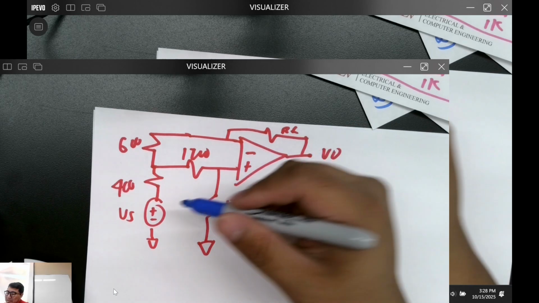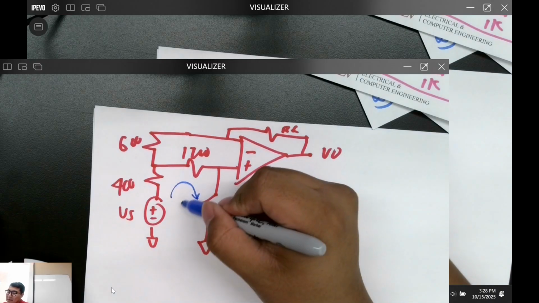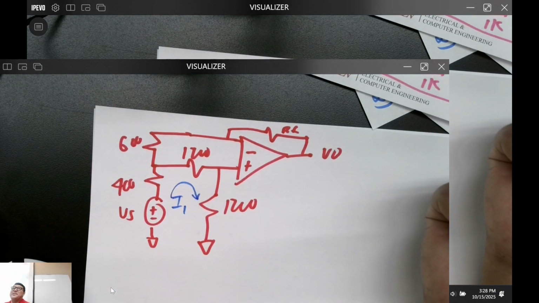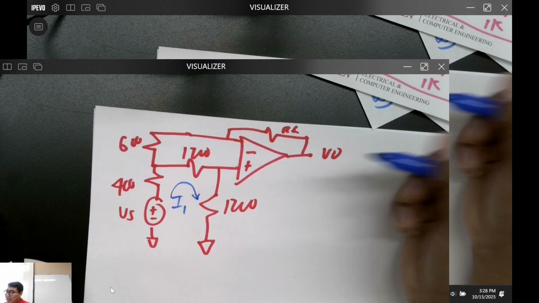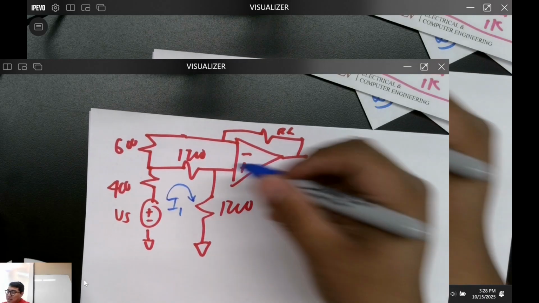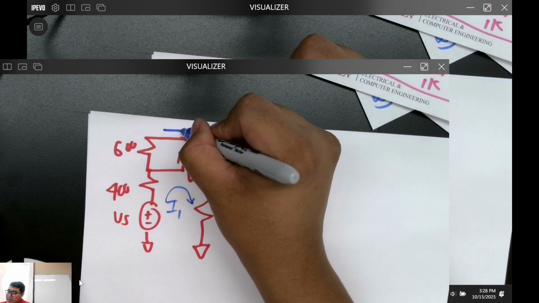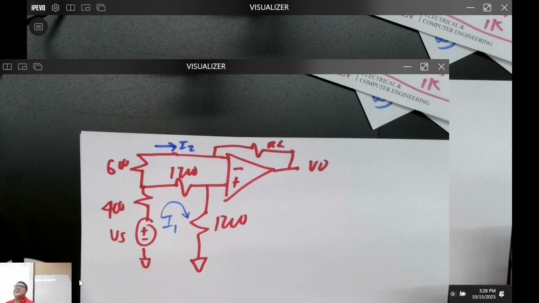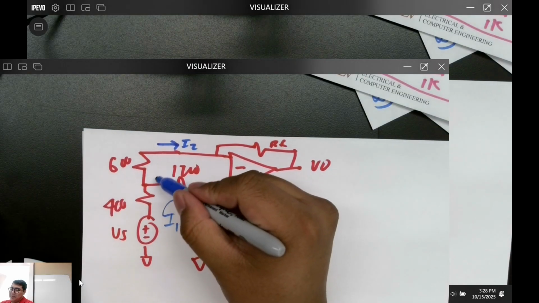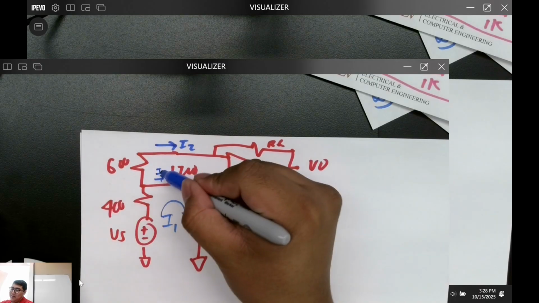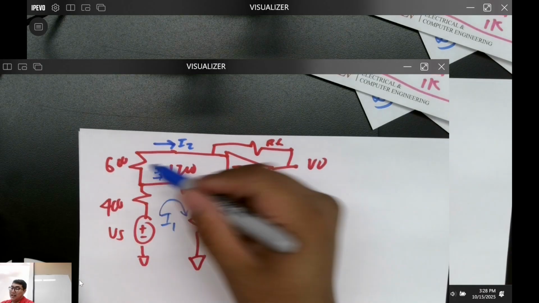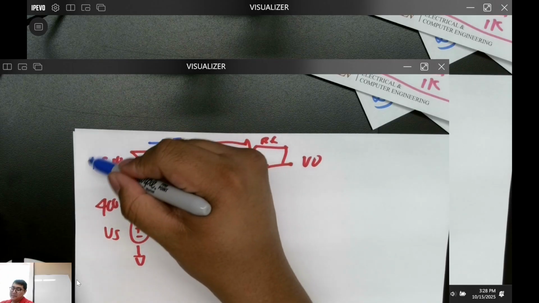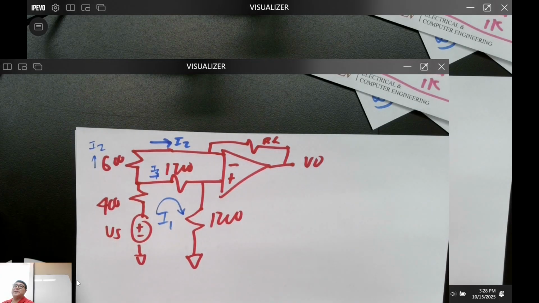Well, I think the first thing I can try to solve for is this right here. If I were to call it an I1 right there, is that good? And then I am going to have an I2 right here, right? I'm just setting up the problem. So I1 is going to come out here, correct? And I2 is going to go up here, correct? Is that good with everybody?